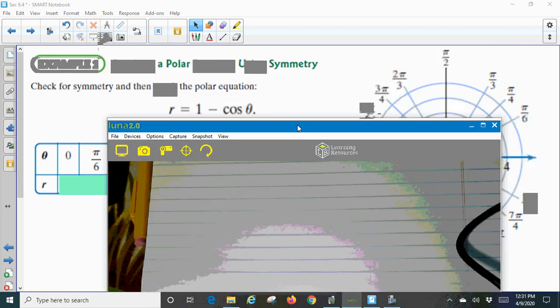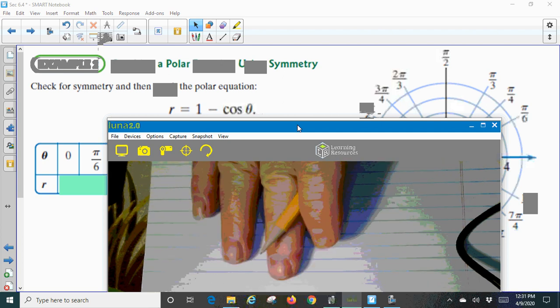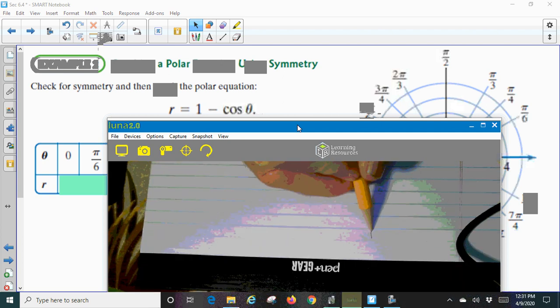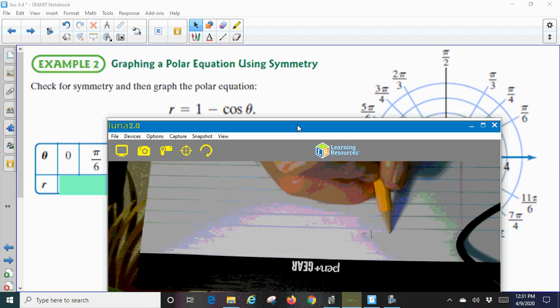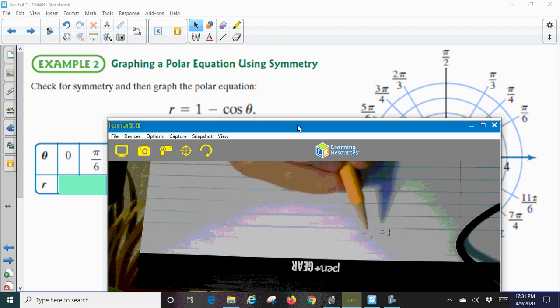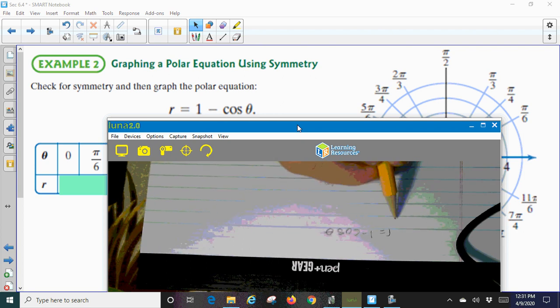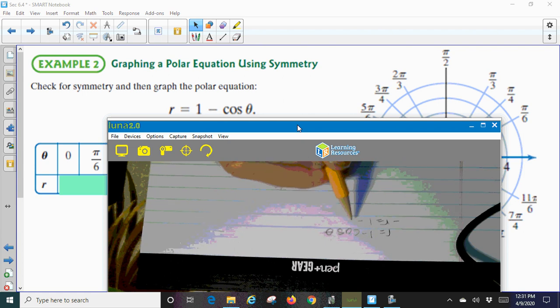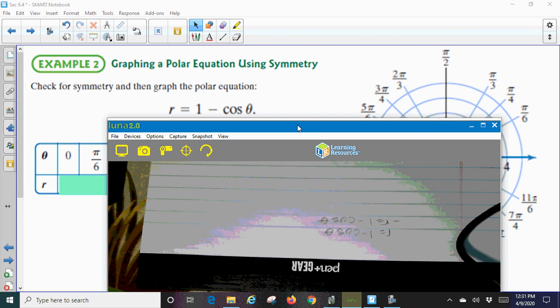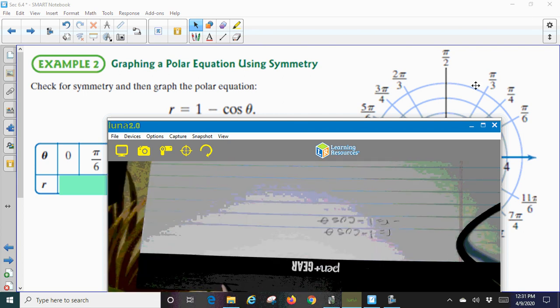So our equation was r equals 1 minus cosine theta. If I replace r with negative r, I don't have that type of symmetry either. The equations did not come out the same.